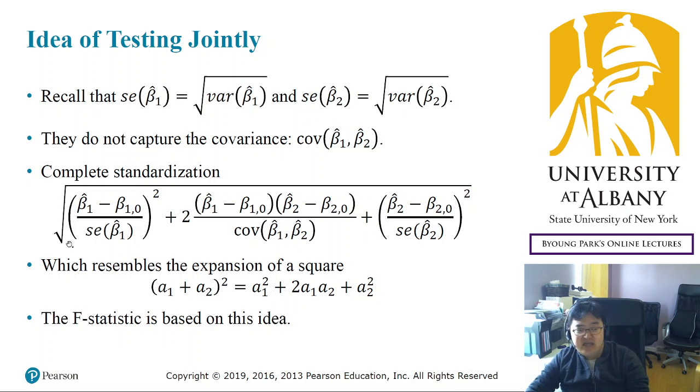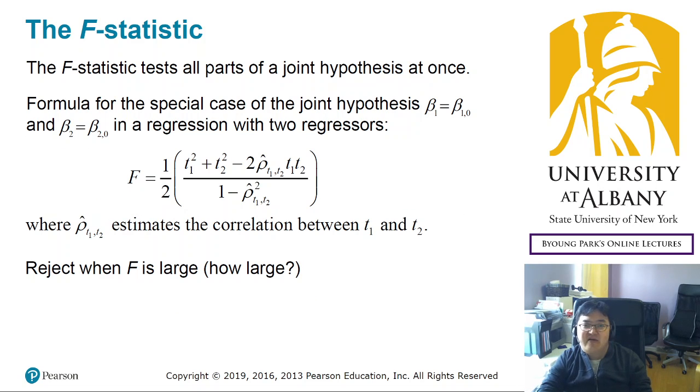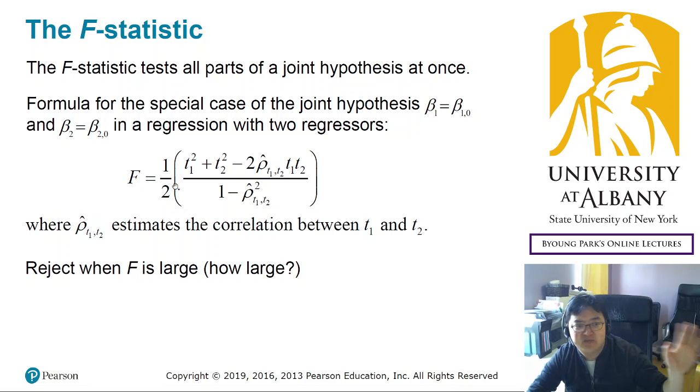So what is inside the radical is a kind of F statistic. This is how we generalize the one-dimensional testing method to multiple dimensions. So in the end, this is the F statistic. The textbook does not explain the intuition behind it, so I explained the intuition behind the F statistic using simple graphs and some simple arguments. And this is the result.